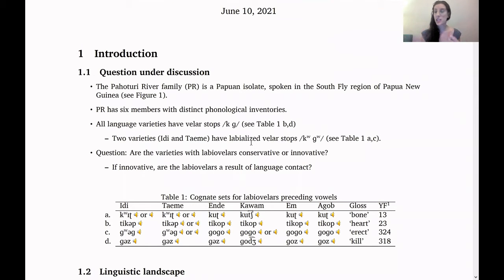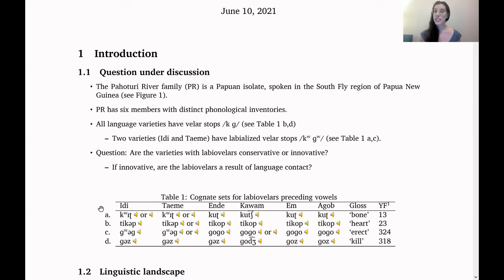So let's get started with the question under discussion today. This work has to do with the Pahoturi River language family, which is a family level isolate spoken in the southern part of Papua New Guinea. There are at least 6 language varieties in this family. These are listed in Table 1.